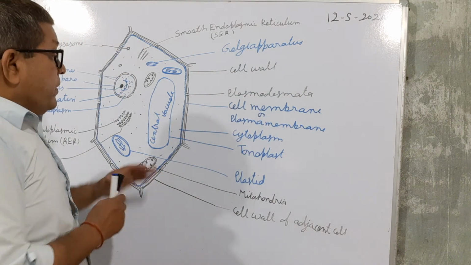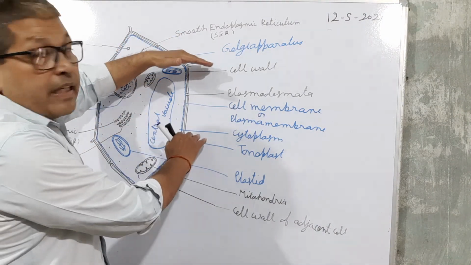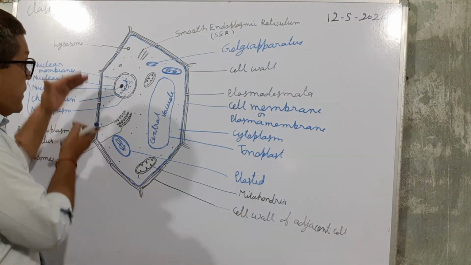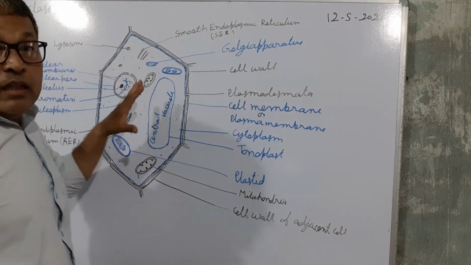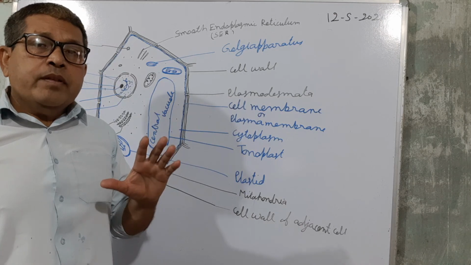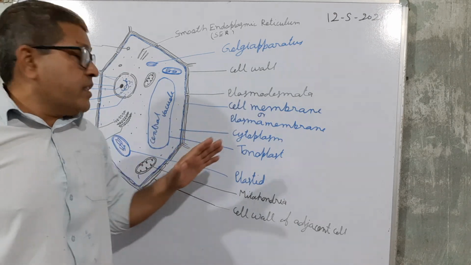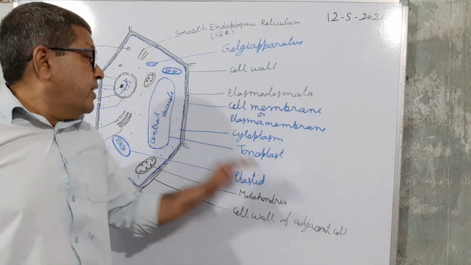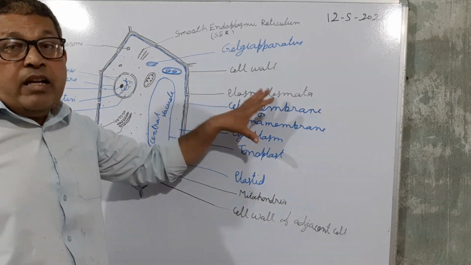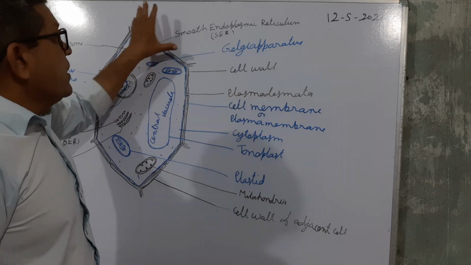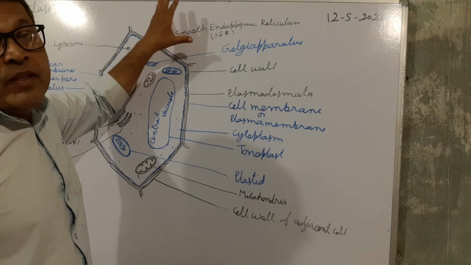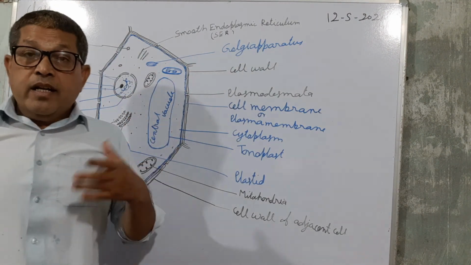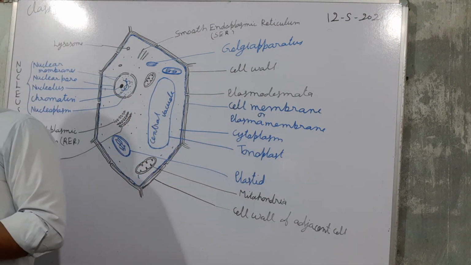Suppose this is one cell, here there will be another cell, here another cell, and this side another cell. So this cell is surrounded by cells from all the sides. This will be the cell wall of the adjacent cell. Here this will also be the cell wall of the adjacent cell. So in this way this cell is surrounded by the other cells.